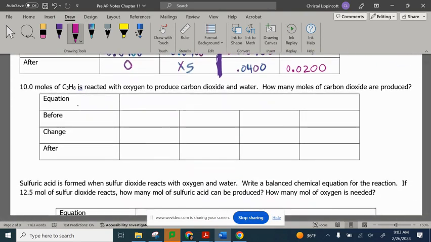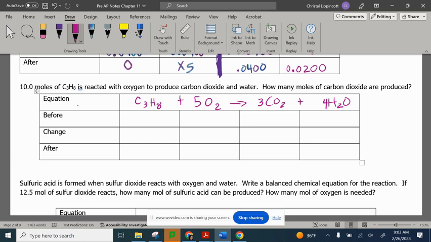All right. The next one, we have C3H8. We're reacting with oxygen. We're forming CO2 and water. Balance my equation. There you go. All right.